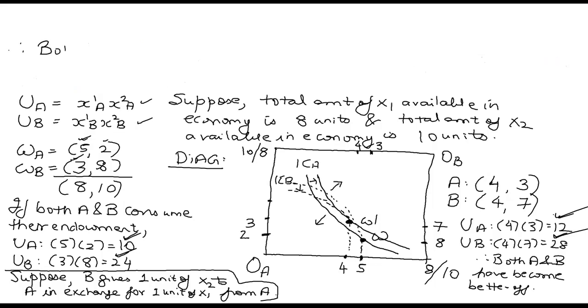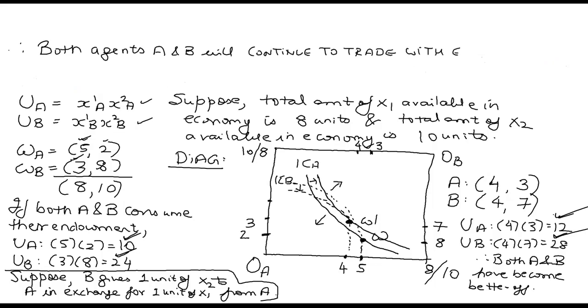Therefore, both agents A and B will continue to trade with each other till the point when their ICs become tangent to each other.